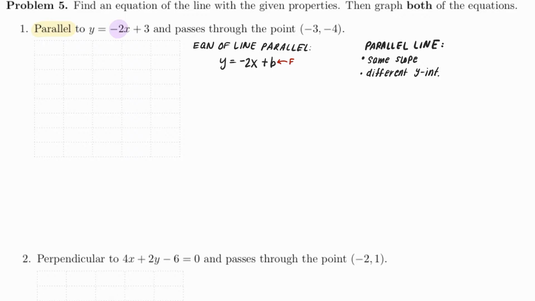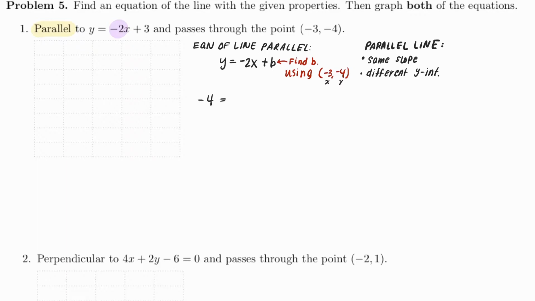And our goal here is to find b. And we're going to find b using the point that we're given, so negative 3, negative 4. So I'm just going to plug in that point. So I'll label that as x comma y. And we'll solve for b.